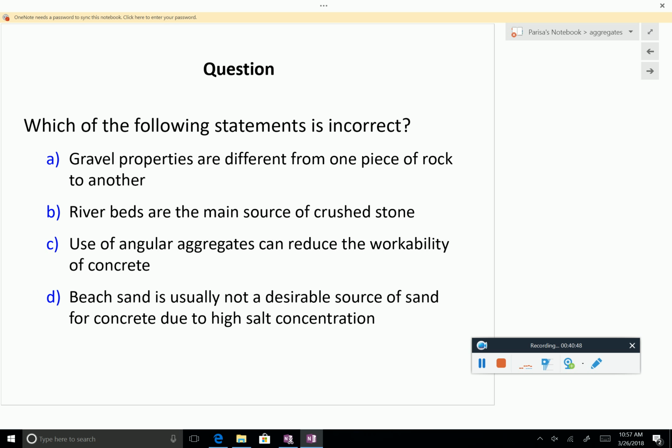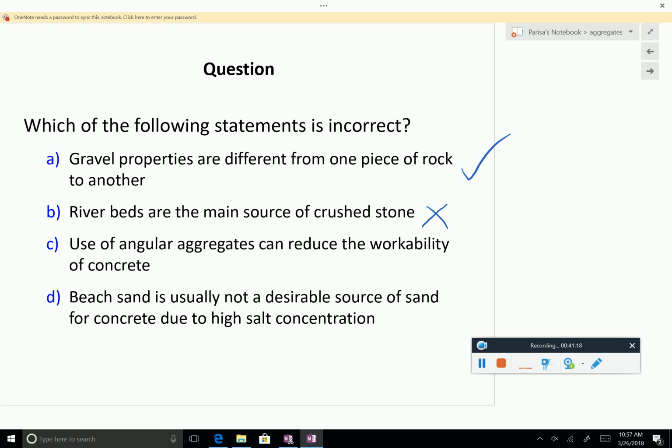A, is it correct or incorrect? It's correct, right? If you have different rocks, you can have different properties. B, riverbeds are the main source of crushed stone. It's incorrect. What is the main source of crushed stone? Exactly. C, use of angular aggregates can reduce the workability of concrete.